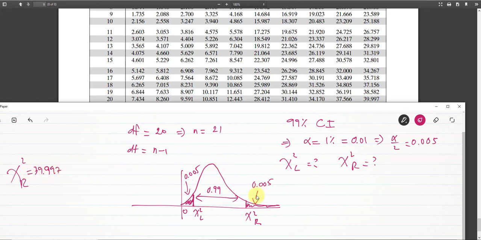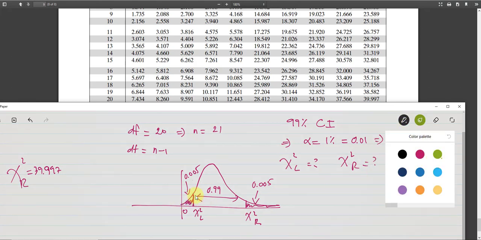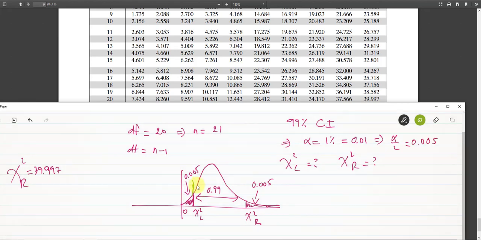Okay. And to find the chi-square of the left, you need the area to the right. So from here and all the way to the right, what is the area? We know that 0.005 is the left portion. So whatever remains on the right side is 1 minus 0.005, and 1 minus 0.005 is 0.995. 0.995 is the area to the right of the left chi-square.